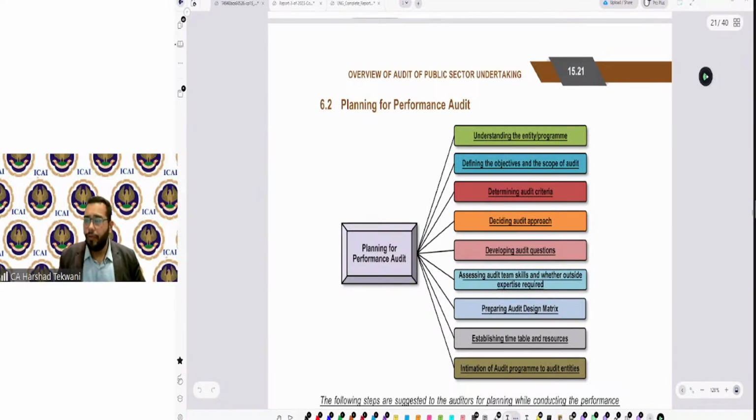Clear? Any doubt with respect to the planning of a performance audit? Any doubt, guys? Any doubt?